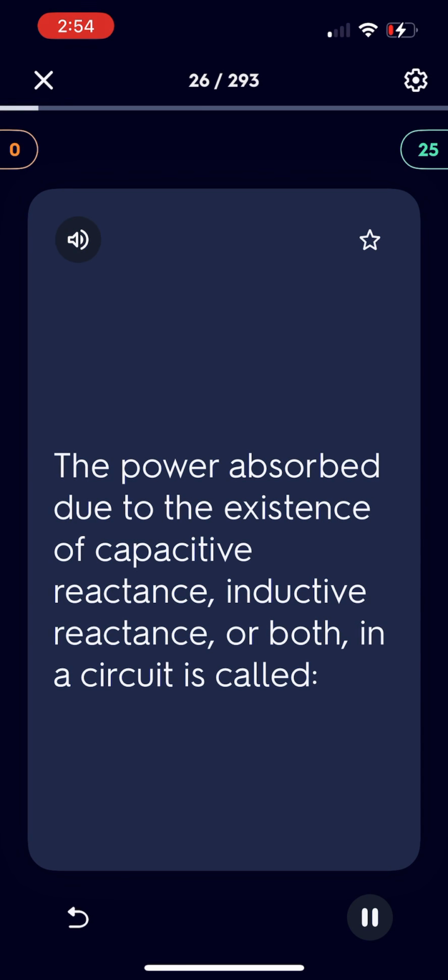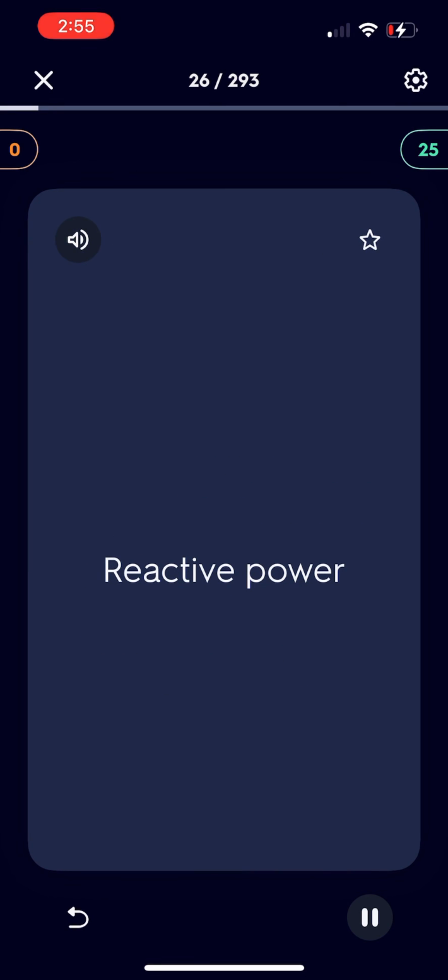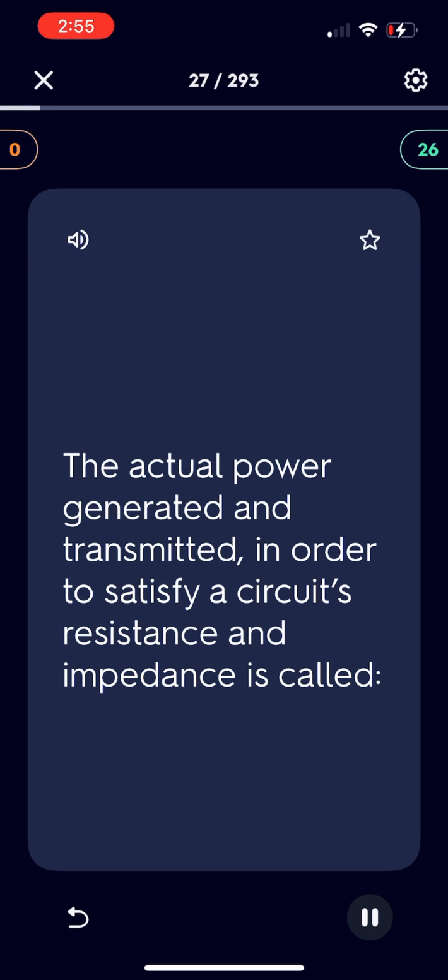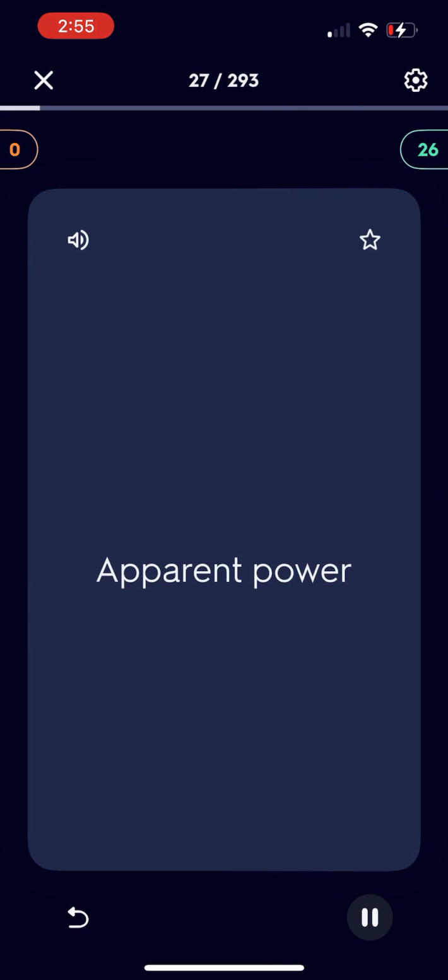The power absorbed due to the existence of capacitive reactance, inductive reactance, or both, in a circuit is called reactive power. The actual power generated and transmitted, in order to satisfy a circuit's resistance and impedance, is called apparent power.